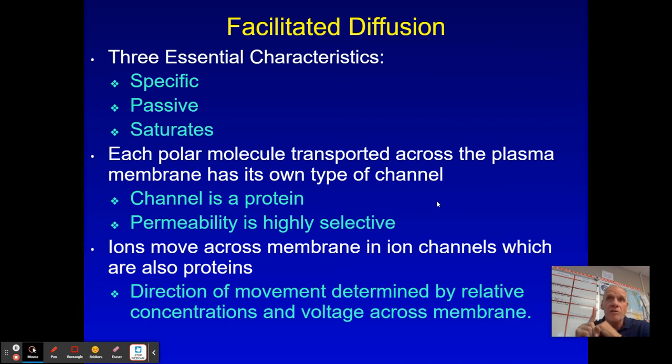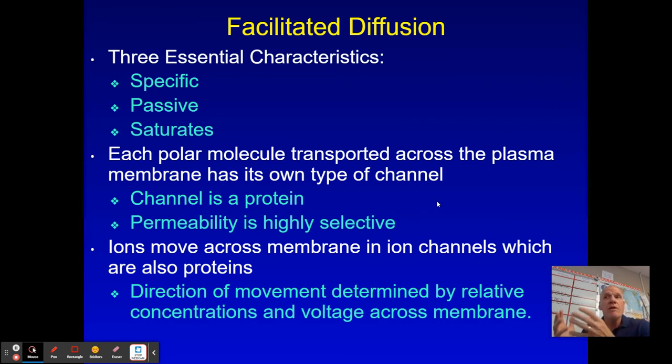Number one, it's specific, meaning that an aquaporin will only transport water molecules, nothing else. A glucose transporter will only transport glucose molecules. A sodium transporter only transports sodium, and so on. They have specific shapes that allow those specific molecules or ions to move through them and nothing else.